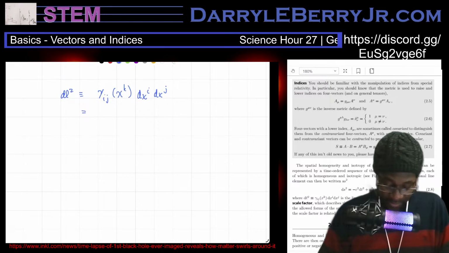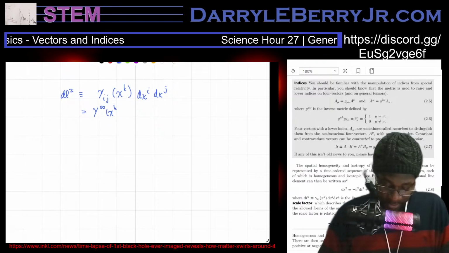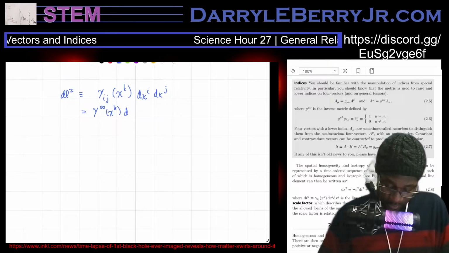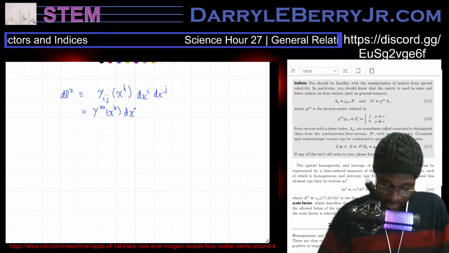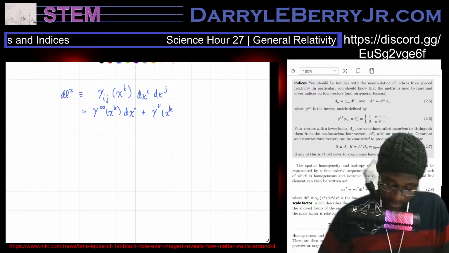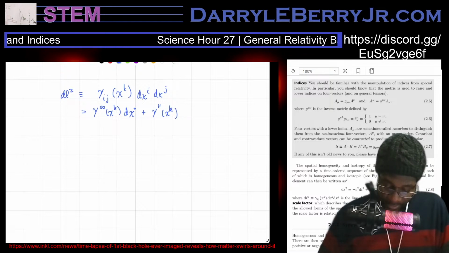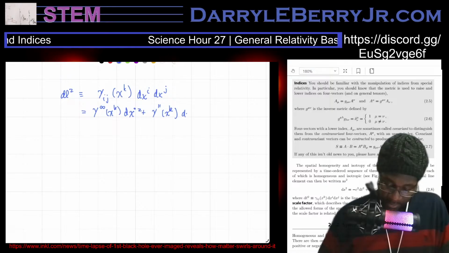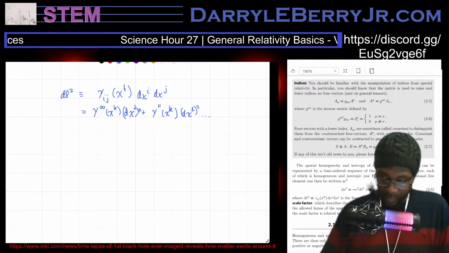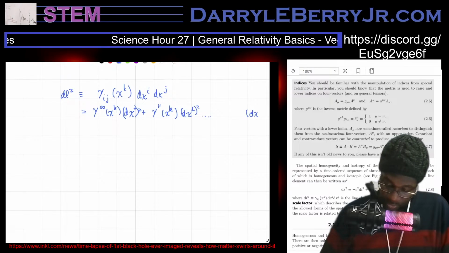So that means this is the same thing as gamma 00 dt squared, I'll just say dx0 squared, plus gamma 11 dx1 squared, on to d3.